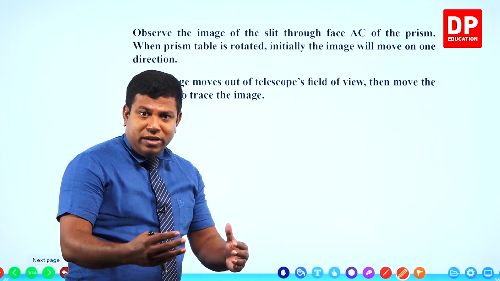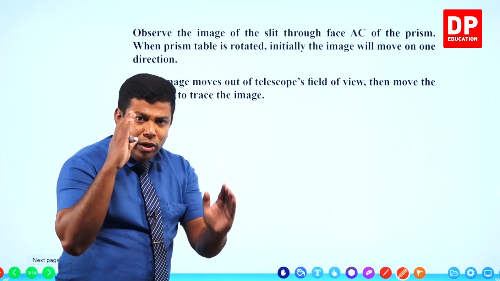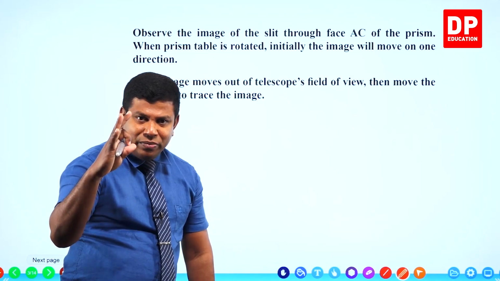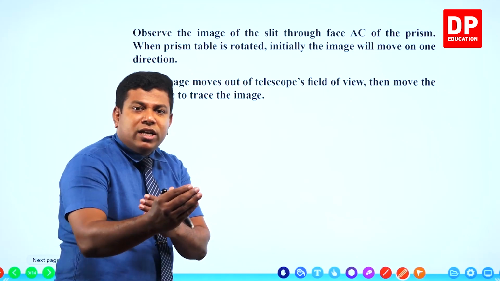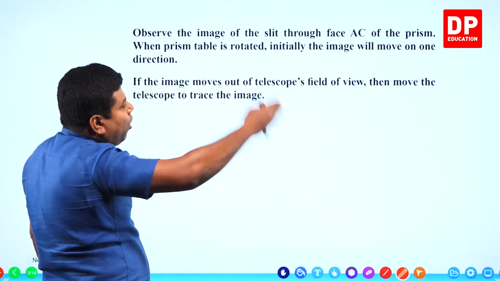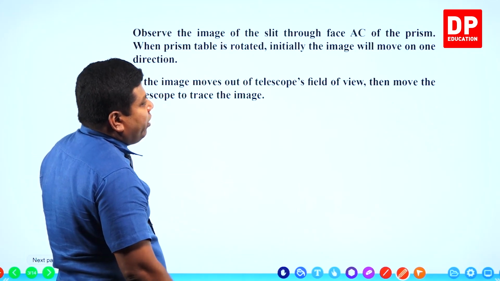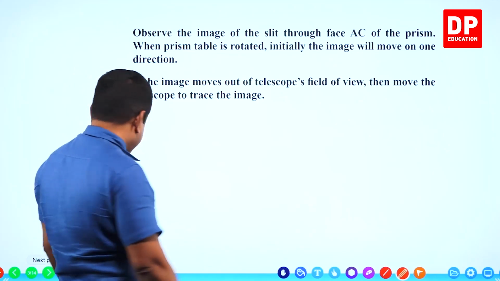That you have to do. If it goes outside the circle, you are looking at the image through your eyepiece. The eyepiece is a circle. If the image has gone outside the circle, move your telescope and locate the image.